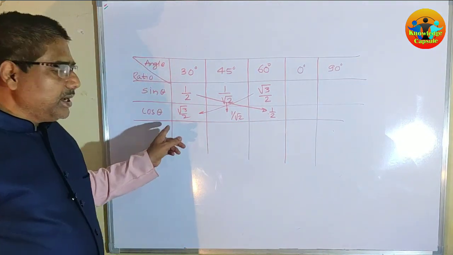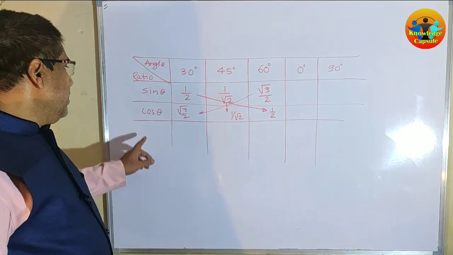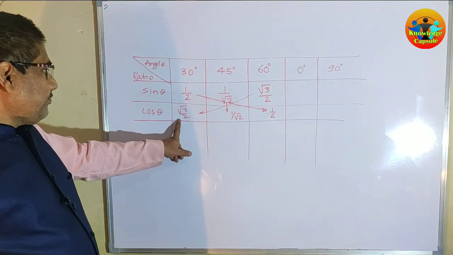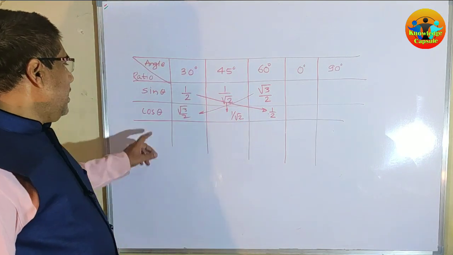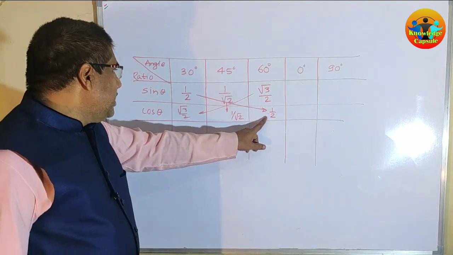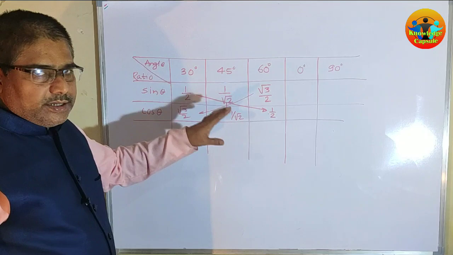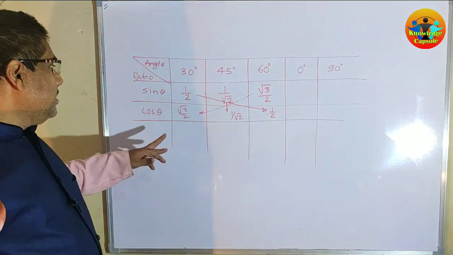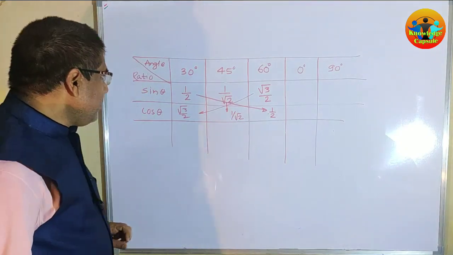That is sin 45 and cos 45 are same. Cos 30 is root 3 by 2, which is equal to sin 60, and cos 60 is equal to 1 by 2, which is equal to sin 30. Sin 30 and cos 60 are equal, and sin 60 and cos 30 are equal.